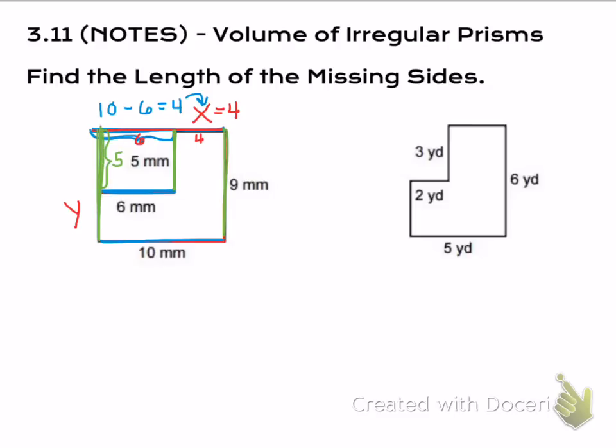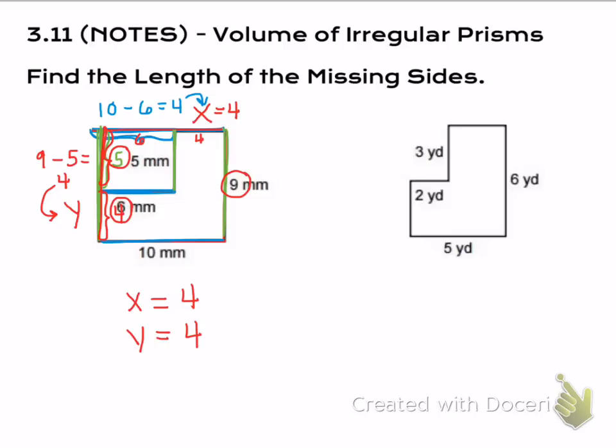This piece alone is 5. So what I find is 9 minus 5 equals 4. So that means this piece has to be 4, because 5 plus 4 has to equal the entire side of 9. So in the end, I found that X equals 4 and Y equals 4.